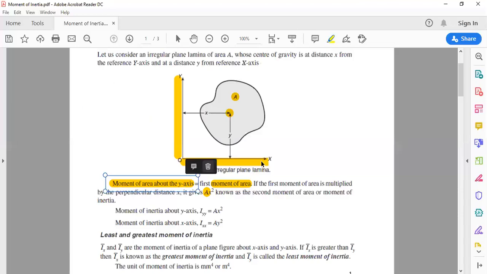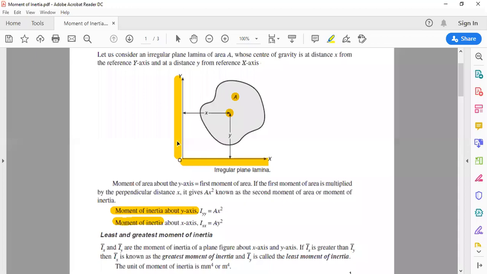Therefore we write the moment of inertia about y-axis, which is denoted by Iyy, which is ax square. So it is area into x, first moment of area, and second moment of area ax into x, that is x square. Now similarly we can calculate moment of inertia about x-axis.